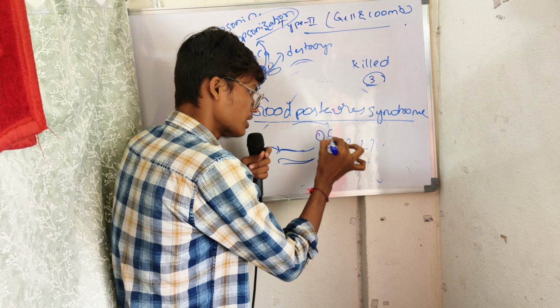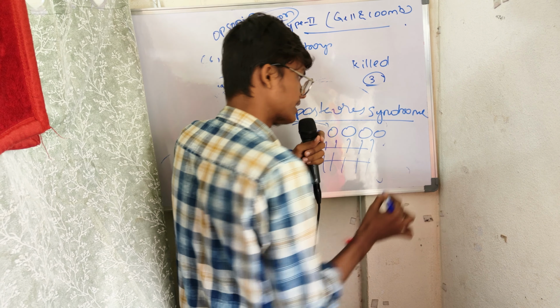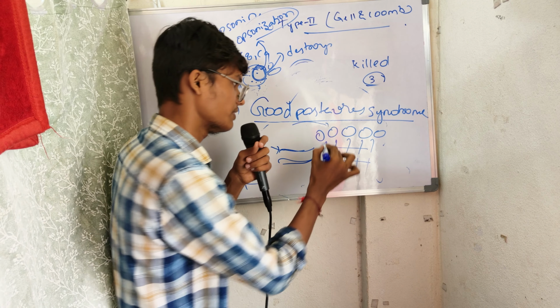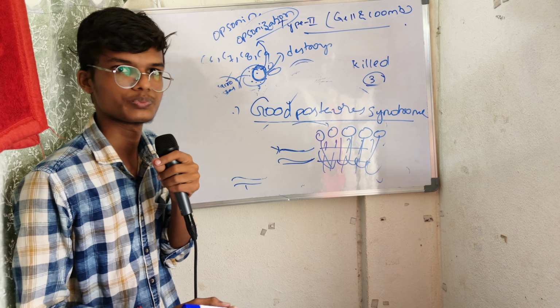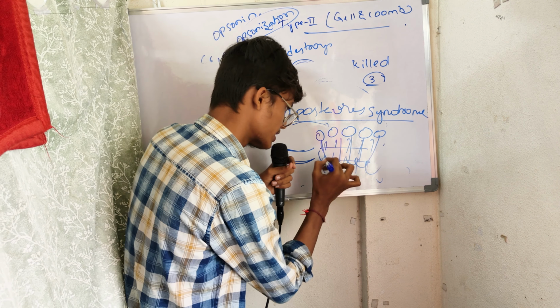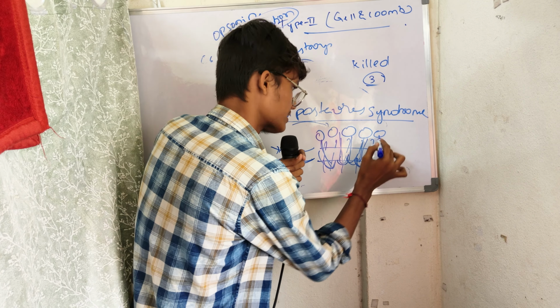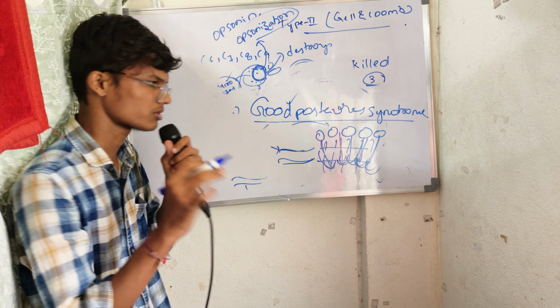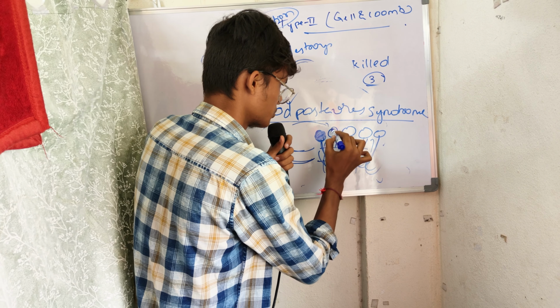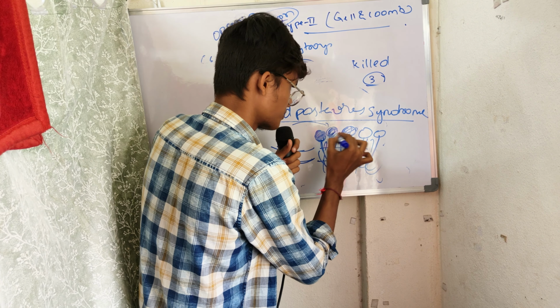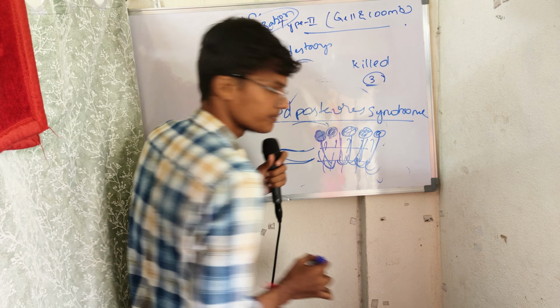So large molecules which should not be filtered into the urine will filter. For example, proteins will leak from it. Other substances like glucose will also go, but the most prominent things we should see are, first, proteins leaking out.